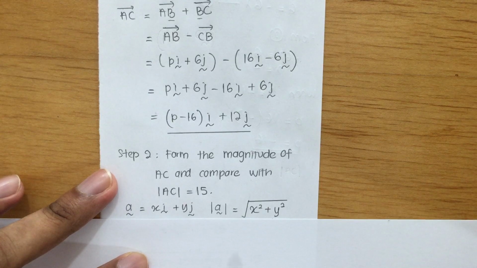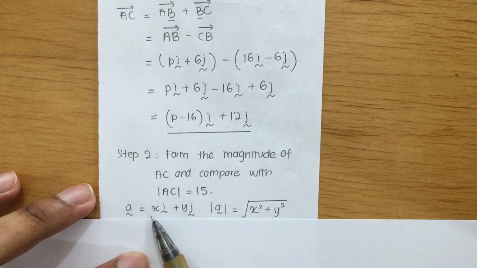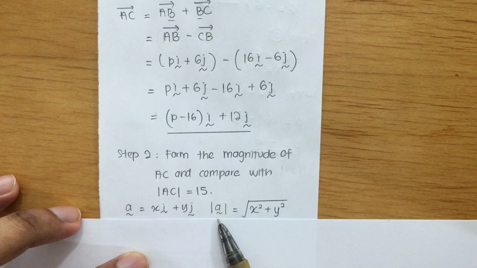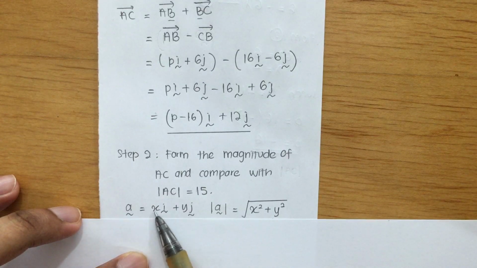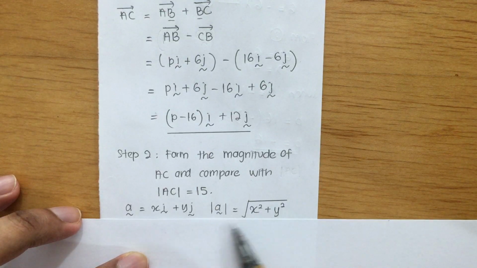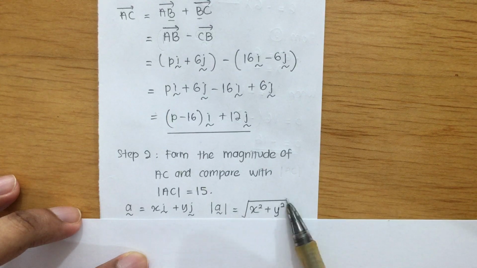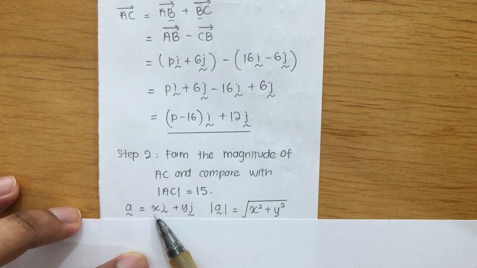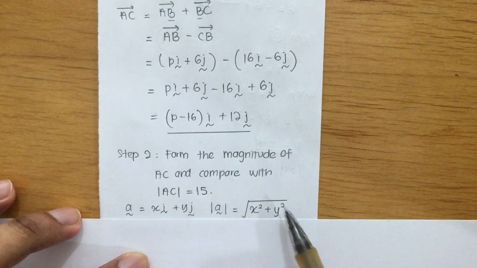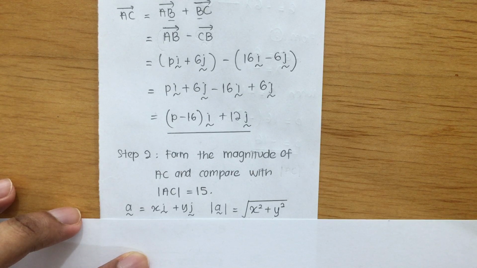So if given a vector A is equals to xi plus yj, in order to find the magnitude of A, you just square the x component and then plus the y component, x squared plus y squared, and then you square root them. By the way guys, this concept is applied for three-dimensional vectors as well.